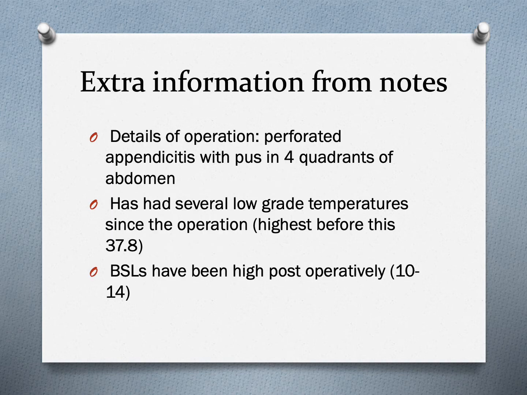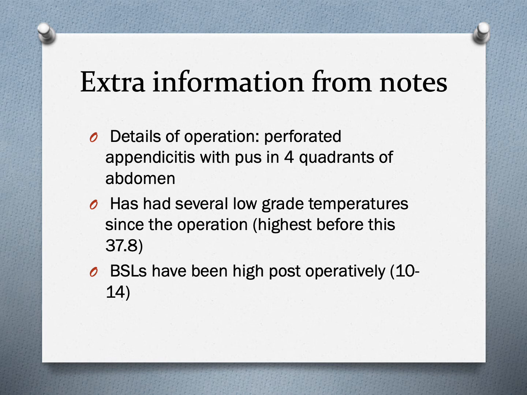When you look at the notes, you see that he's had the operation and that it involved perforated appendicitis with pus in 4 quadrants of the abdomen. So that's really raising your concern of an intra-abdominal infection or collection because there was bowel contents that has leaked into the abdominal cavity. He's had several low-grade temperatures since the operation.